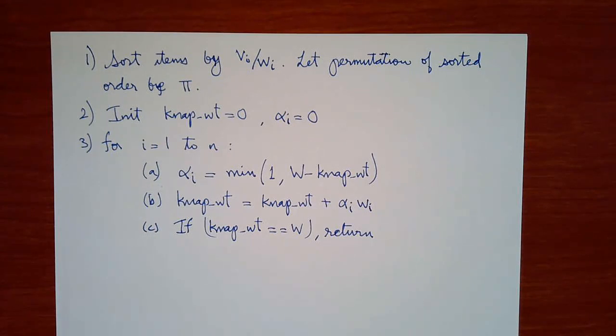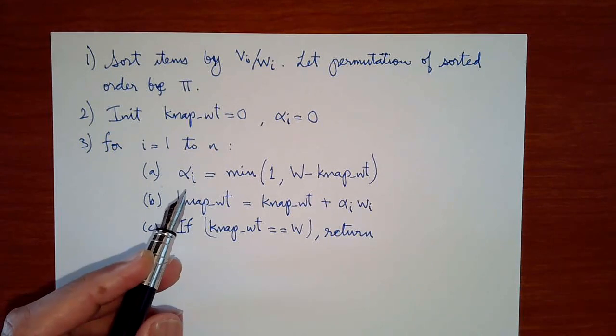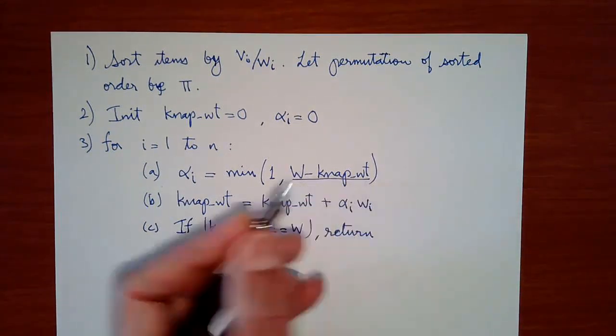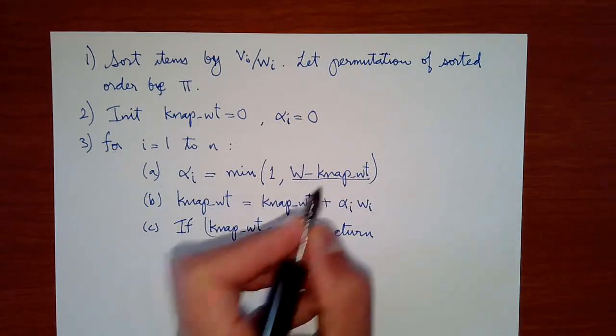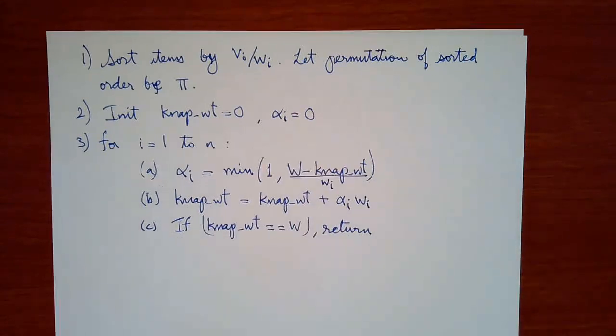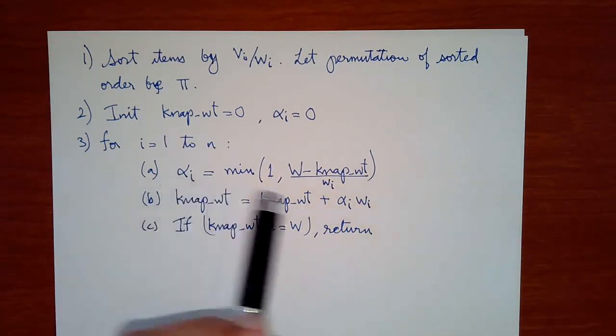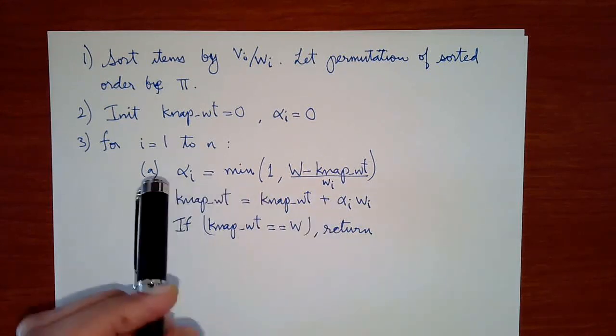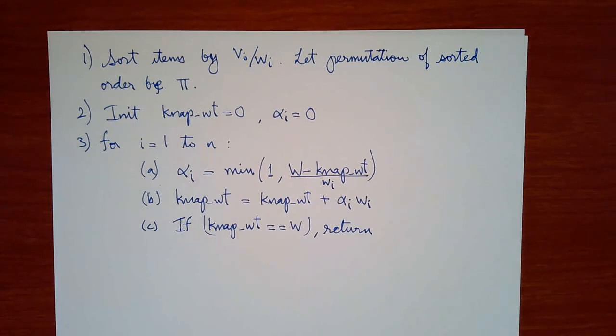Okay, so I'm fudging something here. So I have to choose alpha so that it is this divided by wi. Right? Because alpha i wi is the total weight of that object, and if that is less than what is remaining in the knapsack, I go ahead and take it. Otherwise, okay, good.